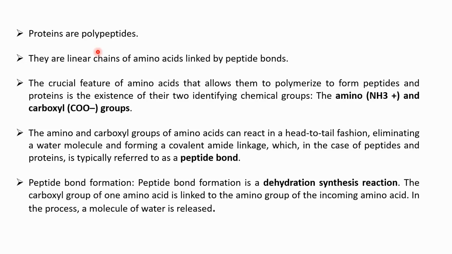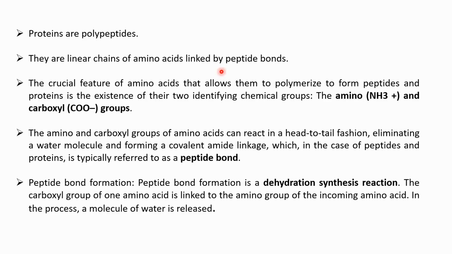So proteins are basically polypeptides, linear chains of amino acids linked by peptide bonds. It is very important to know which bond is responsible for the formation of proteins: amino acids in the chain are linked with each other through peptide bonds, and this results in the formation of protein.